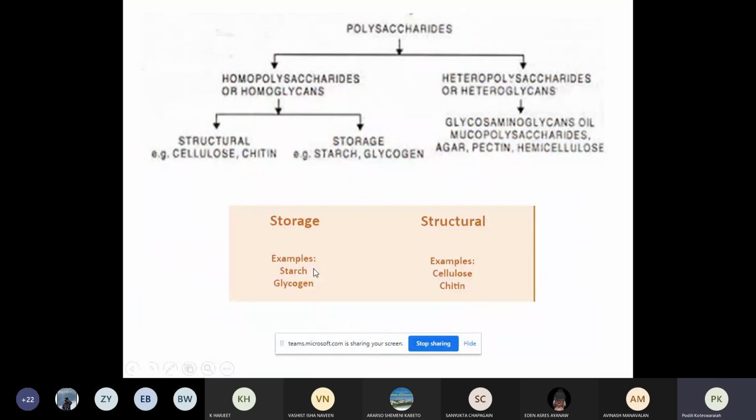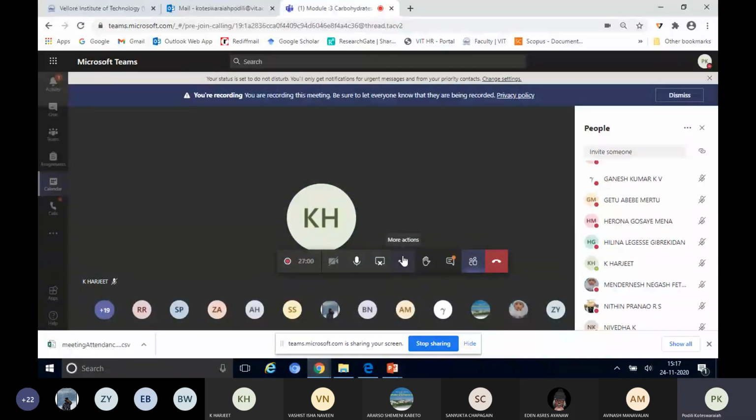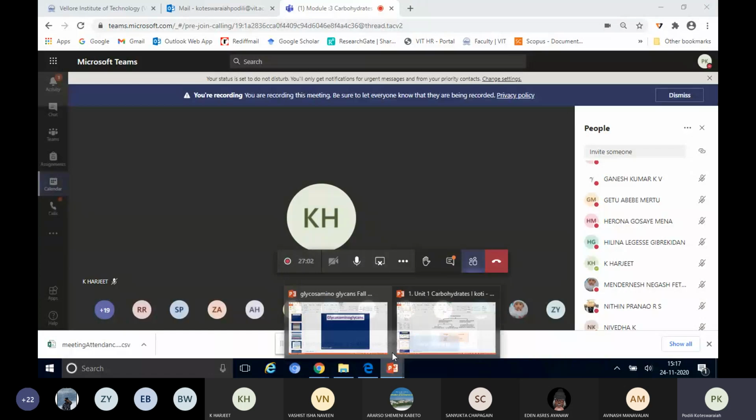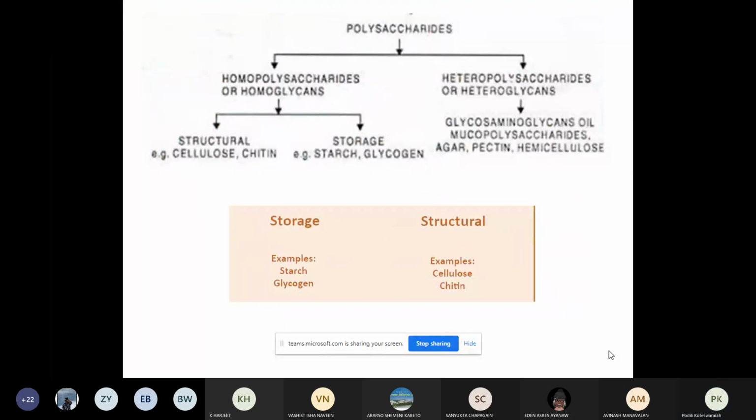They are classified into two categories: homopolysaccharides and heteropolysaccharides. Homopolysaccharides are made up of only one type of sugar residue, whereas heteropolysaccharides are made up of more than one type of sugar residue.